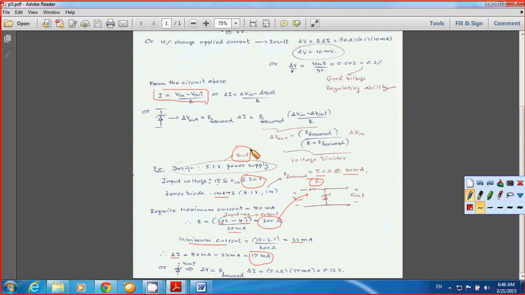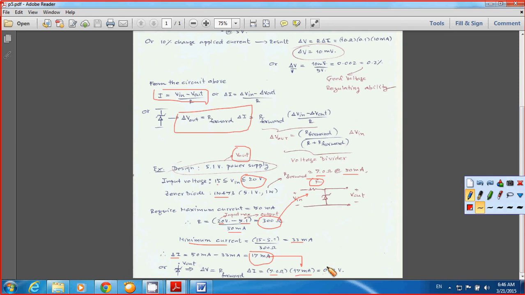Or you can find delta V as we did right before. Delta V out becomes R forward multiplied by delta I. And R forward is given here from the data sheet. At 50 milliamps, you have R forward to be 7.0 ohms. So you simply multiply 7.0 ohms by delta I, which is 17 milliamps.